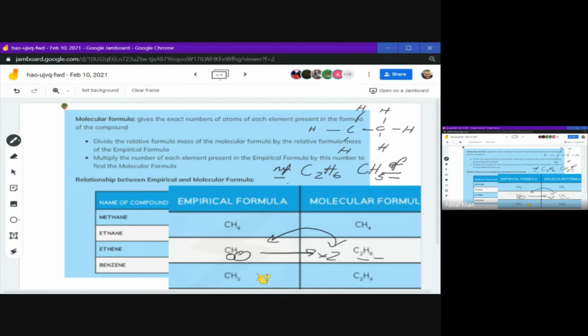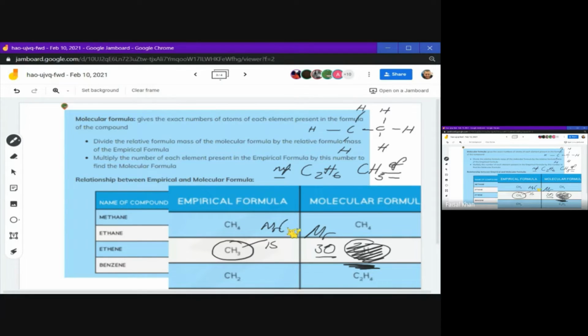Now that's a very important step. There's a reason behind me explaining that. If we get told what the empirical formula is, and we get told the relative molecular mass of the target molecule is 30, we can figure out the molecular formula.